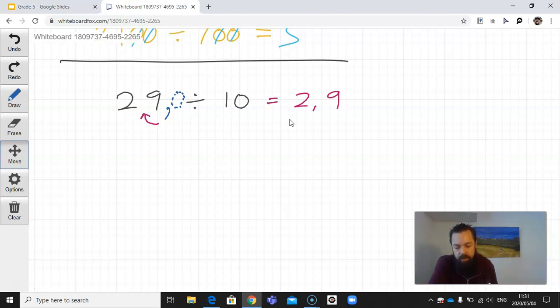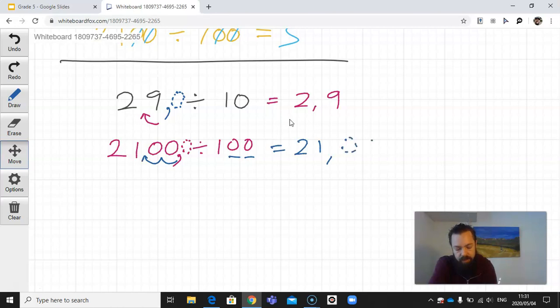And likewise, what we were really doing when we said 2100 divided by 100, with the ghost 0, is we have 2 zeros, so we're going to shift our comma 2 places to the left. And the answer then is 21,0. And because the comma 0 doesn't mean anything, we leave it off. And so the answer would be 21.